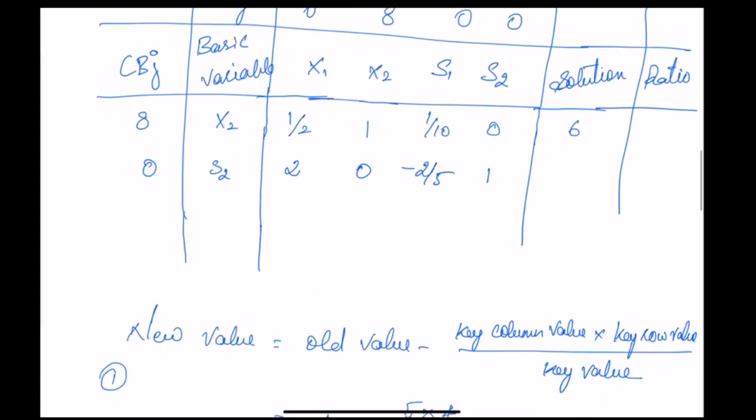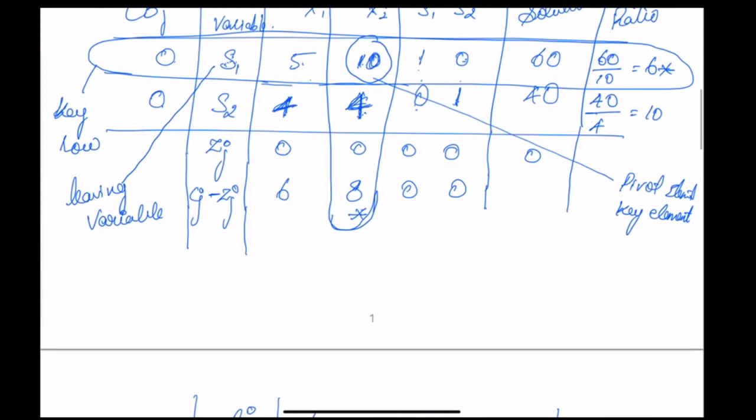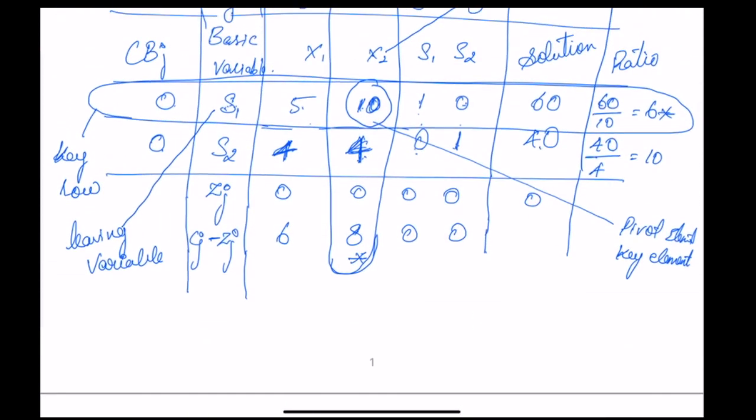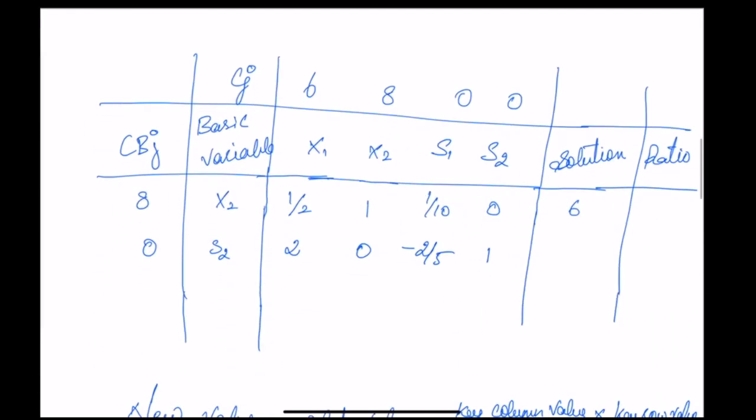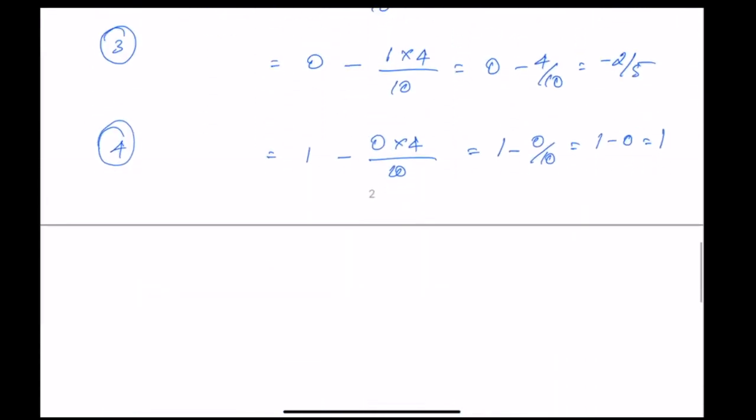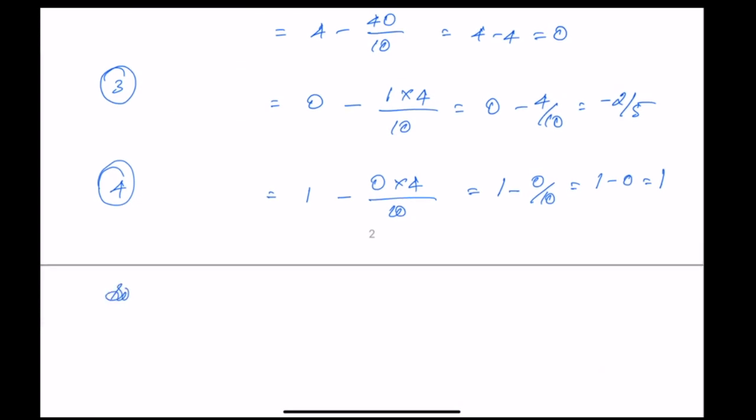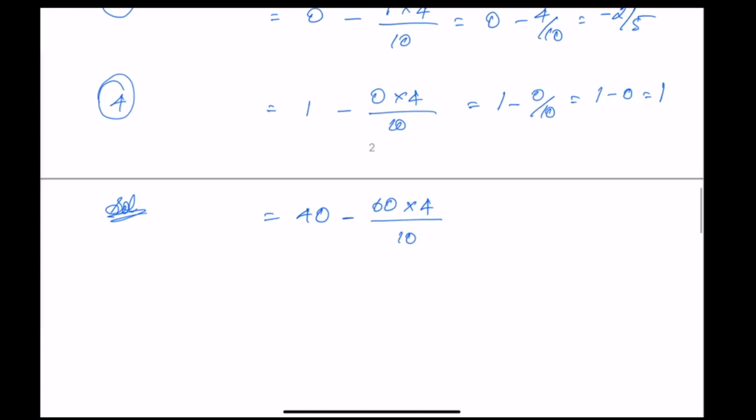Similarly, we should also find out for the solution. We have 40, the old value is 40 minus the corresponding column value 60, row value 4, divided by the pivot value, key element. 40 minus 10 and 10 will get cancelled, right?